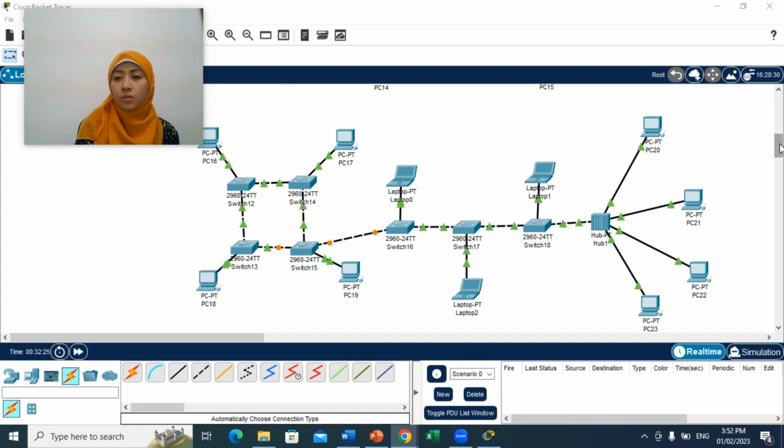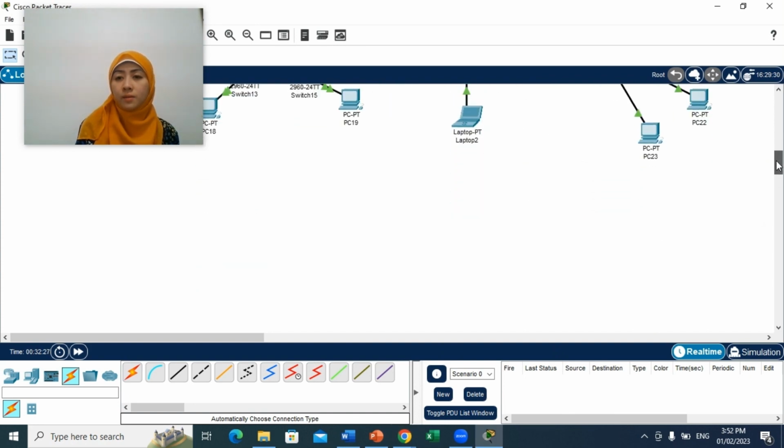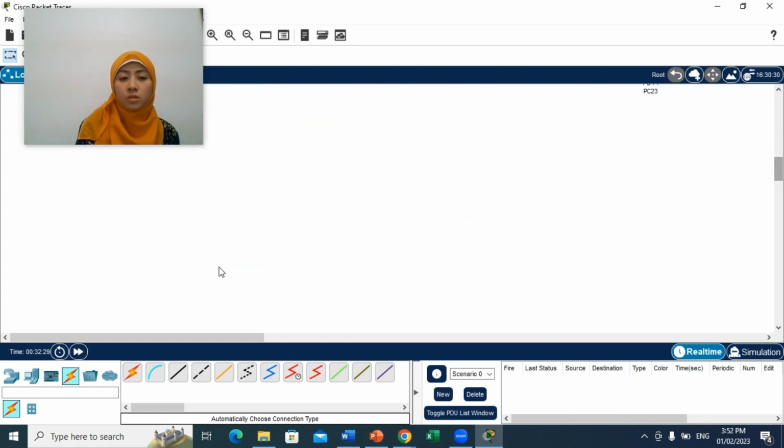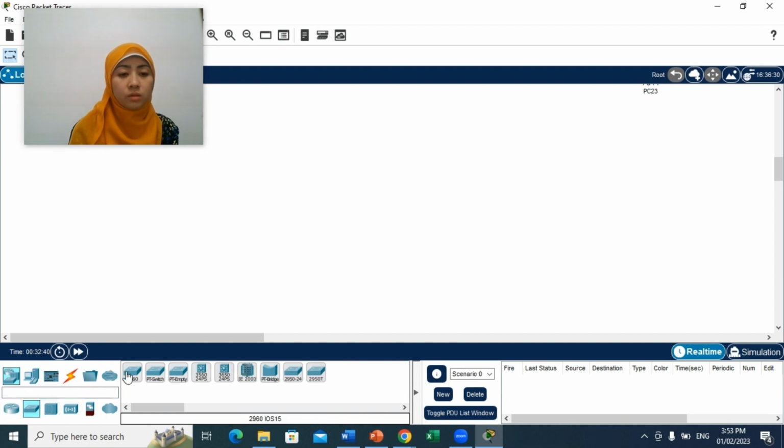So lastly, we will do the tree topology. In tree topology, it's like you are designing the branches of a tree. That's why they call it a tree topology. So now we will need a switch here, and another switch here.